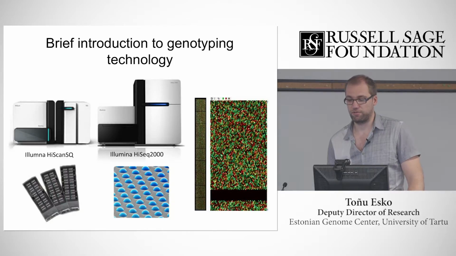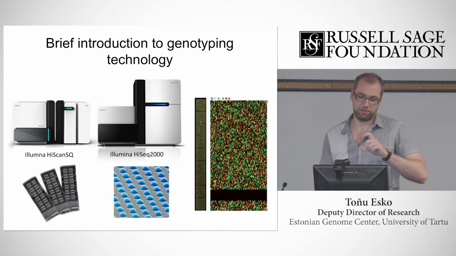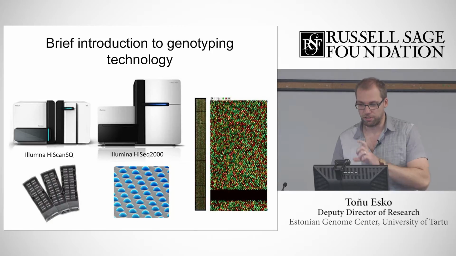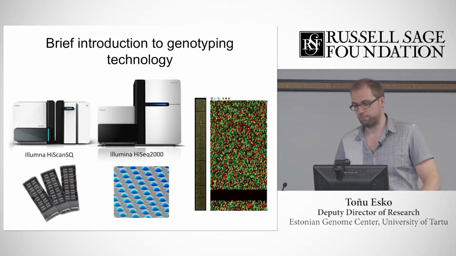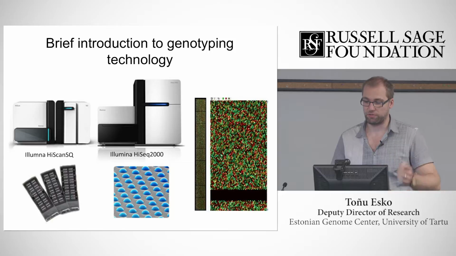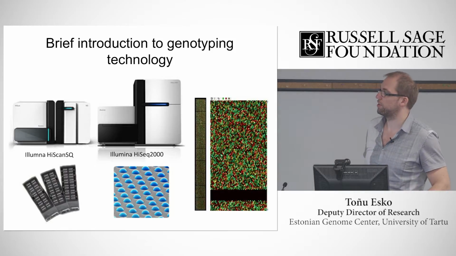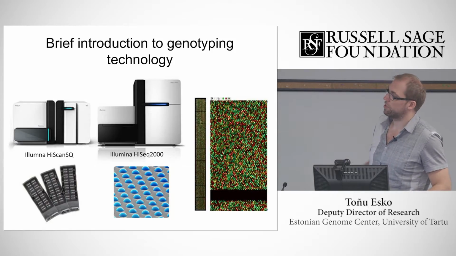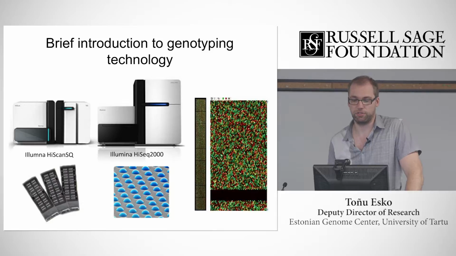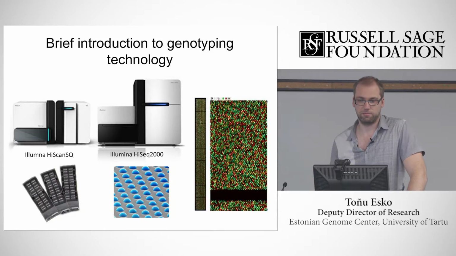As you can see, all those different dots correspond to a given SNP that we're measuring out of those 500,000. Then a computer program just reads all the different colors and gives you the genotypes. So as simple as it is, that is the genotyping.